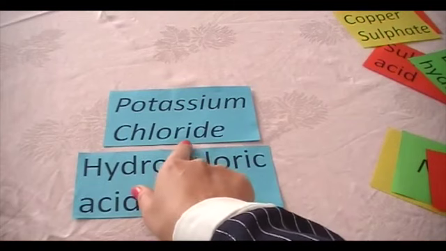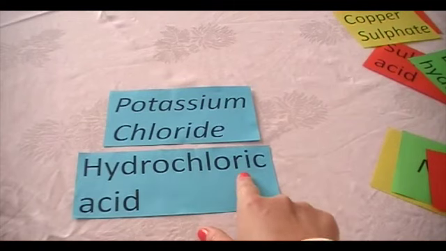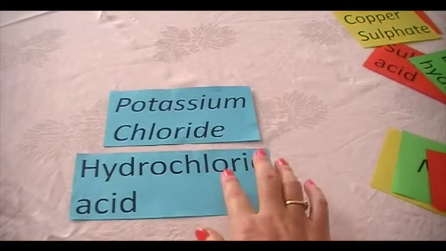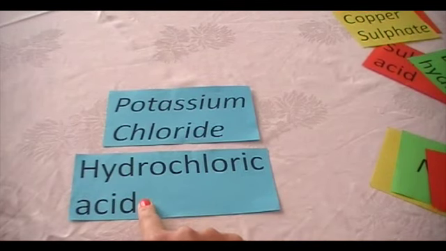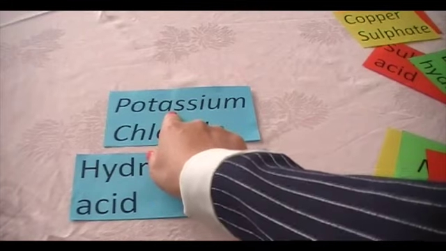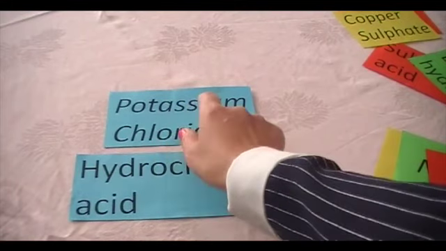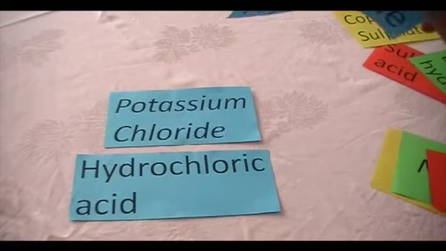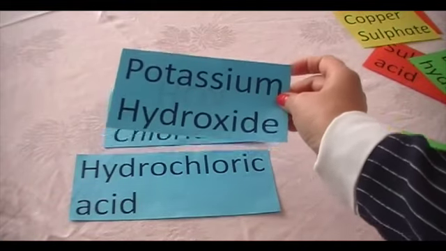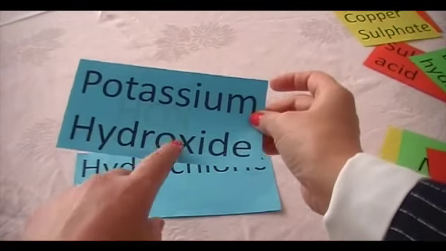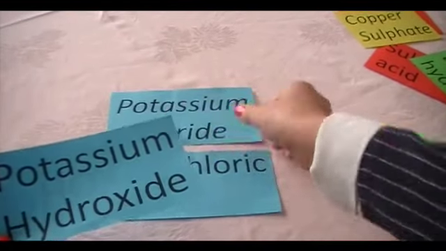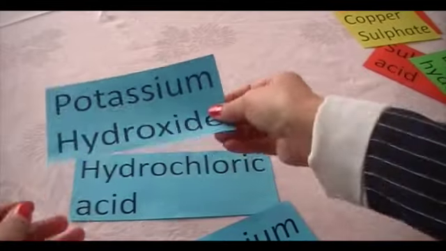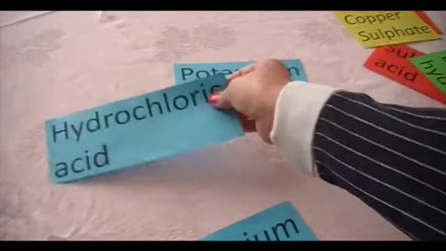Because chloride, chloric, see those two. So that's hydrochloric acid. That's the acid I'm choosing. For alkaline, I need to find the word with potassium. That looks like potassium hydroxide. As I told you, hydroxide is an alkaline. Potassium is a metal. So I'm choosing potassium hydroxide and hydrochloric acid.